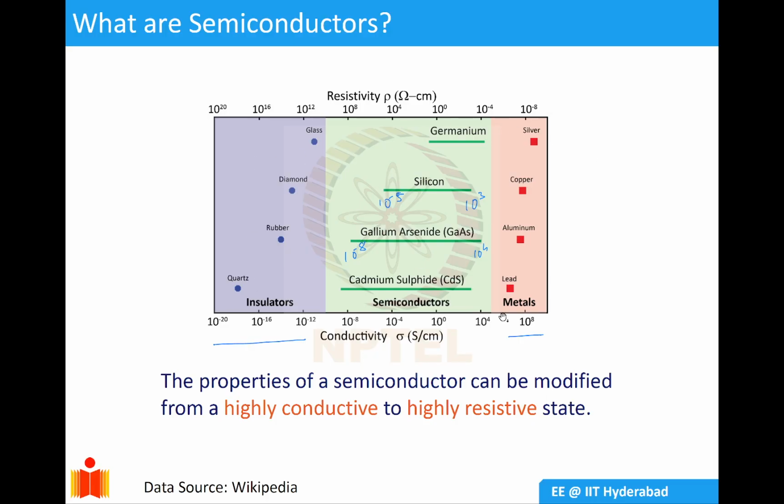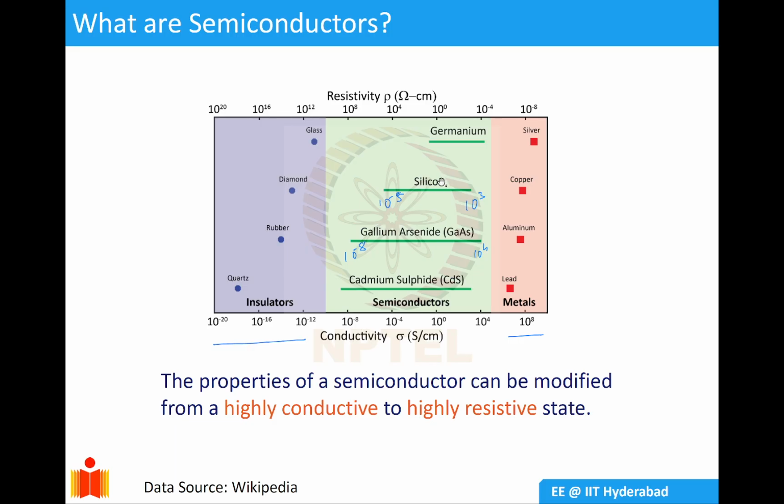There are three types of materials: insulators, semiconductors, and metals. Metals are highly conductive, insulators are highly resistive, and semiconductors can have their conductivity modified between the two. So this is the range of modification that can happen.